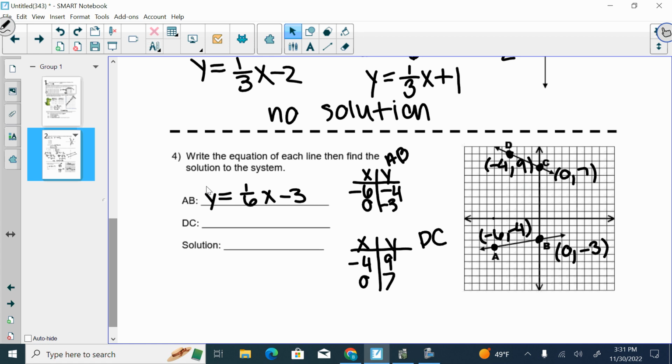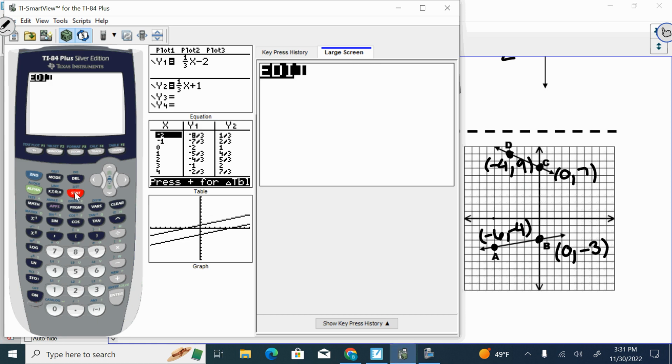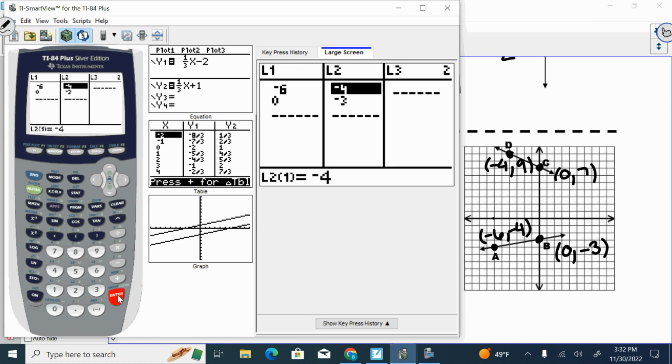All right, now I need to go change out my points in stat again so I can find DC. So I go back and I'm going to change out those numbers. So now my x's are going to be -4 and 0. And then in list 2, we're going to have 9 and 7.